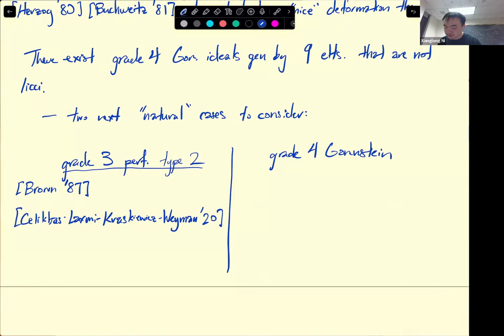And then this was later also studied more by Kustin, who gave a more characteristic-free description of this family. So actually, on this left side of grade 3 perfect type 2, there's other work done in the grade 3 setting, but mostly it's always been done using the tool of linkage. Now, on the other side, whoops, I did not mean to erase that.